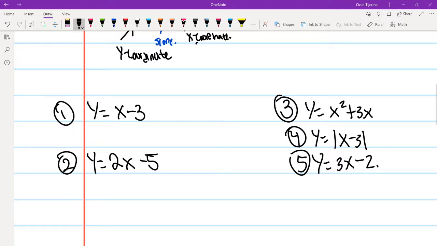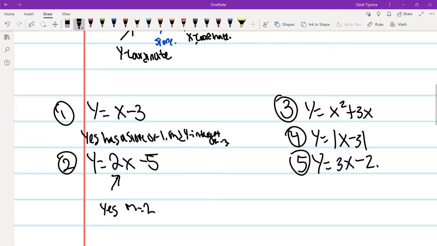This first one is a linear equation because it has a slope of 1 and a y-intercept of -3. This one is also a linear equation because it has a slope of 2 and a y-intercept of -5.